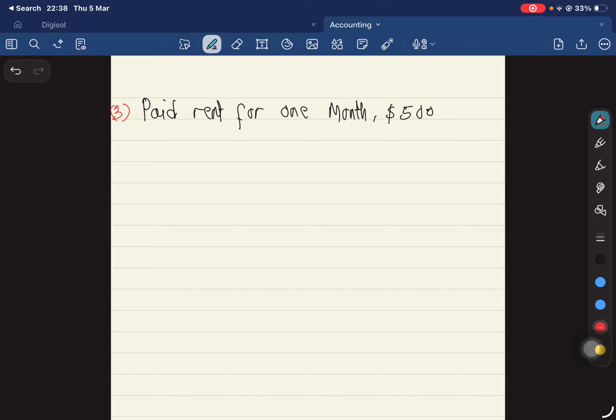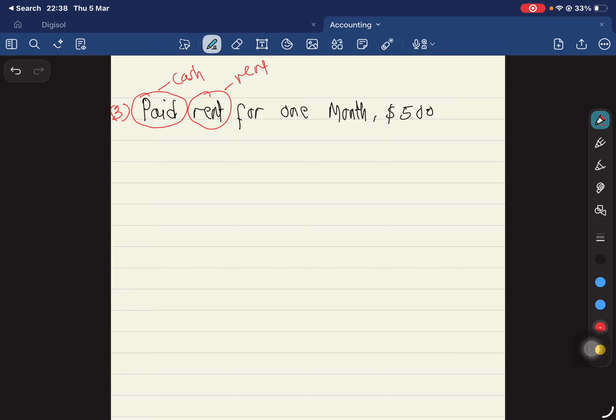So paid rent. If we pay, it means we paid with cash. Paid and rent.